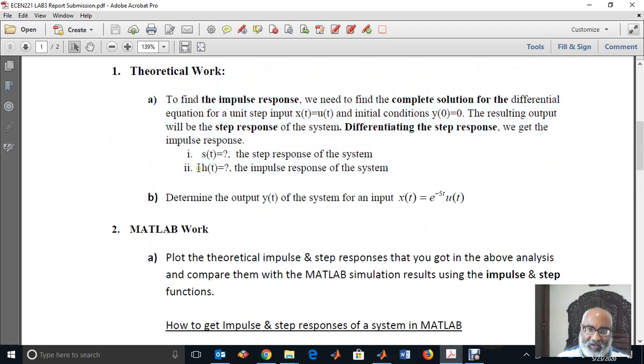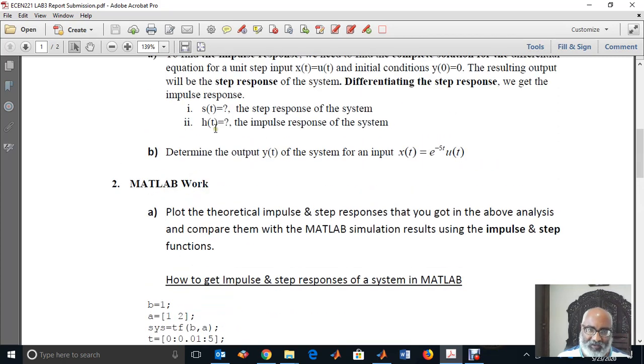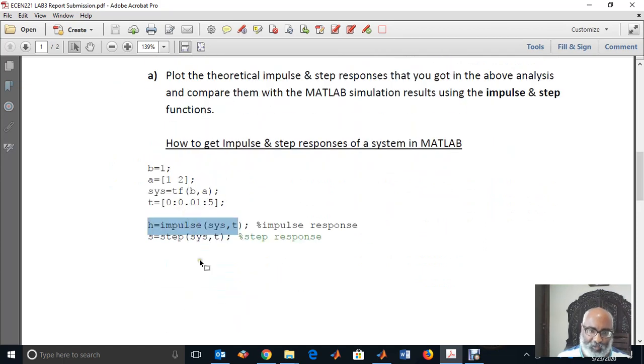Then you will plot the theoretical impulse response with this impulse response, on the same graph, so they should be on top of each other. You will compare the theory result and the simulation result.